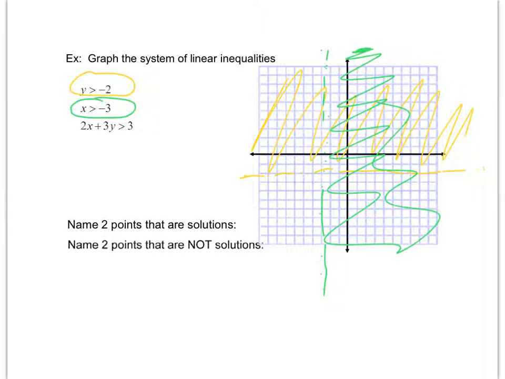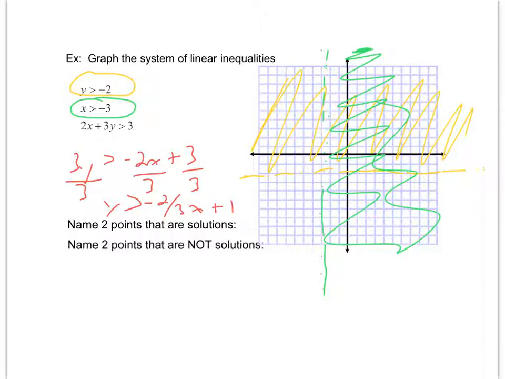And now I'm going to take my third line, we'll do that one in red. I'm going to put it in mx + b form first by subtracting 2x, so I have 3y is greater than -2x + 3. Divide by 3: y is greater than -2/3 x + 1.